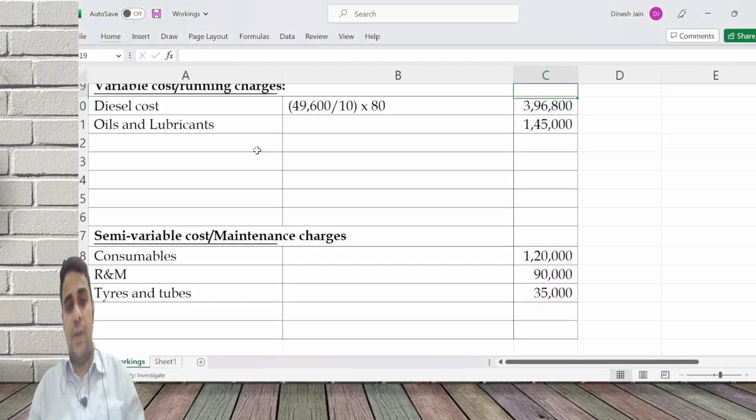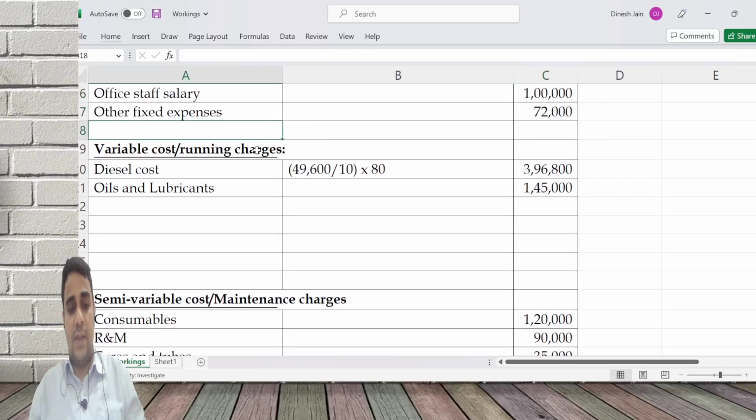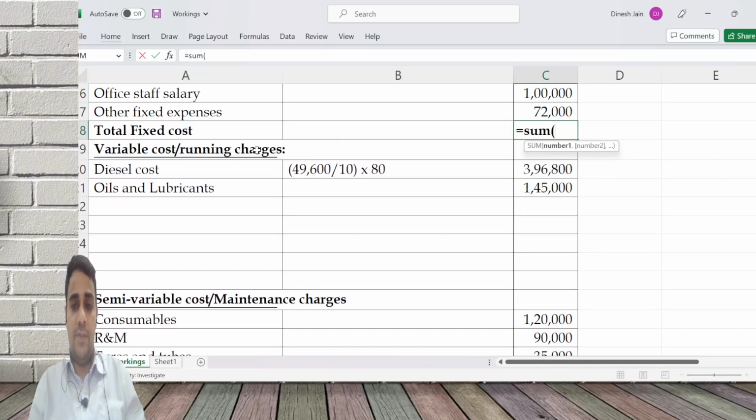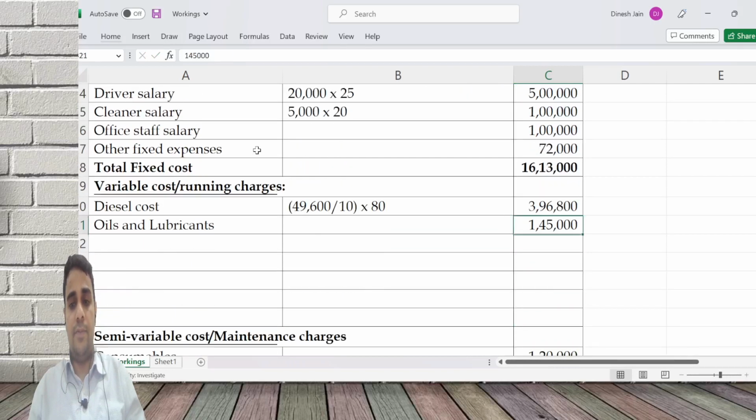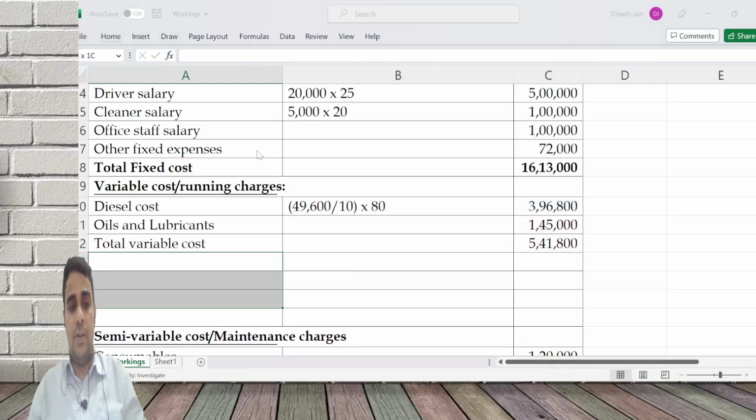Let me know if there are doubts here. A lot of expenses are there. You complete this, I'll give you some time. Don't look at the screen, you keep writing it.